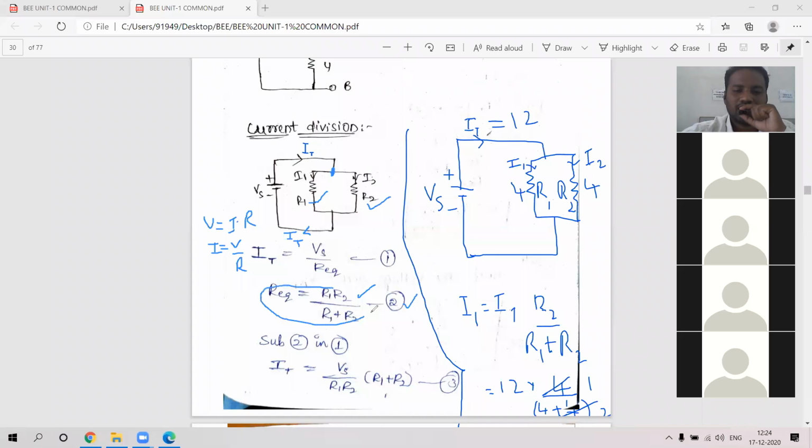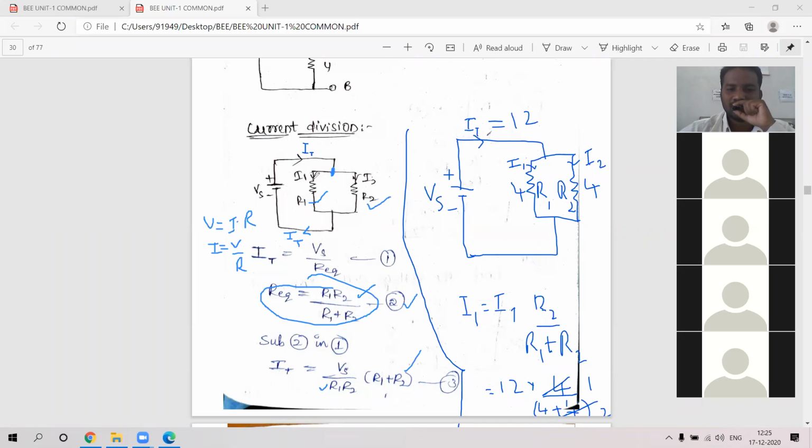Since R equivalent is R1 R2 by R1 plus R2, R1 R2 is in the denominator and R1 plus R2 moves to the numerator. So I total is equal to Vs by R1 R2 into R1 plus R2. Now we are going to find I1 and I2 by substituting these values. So what is Vs actually?